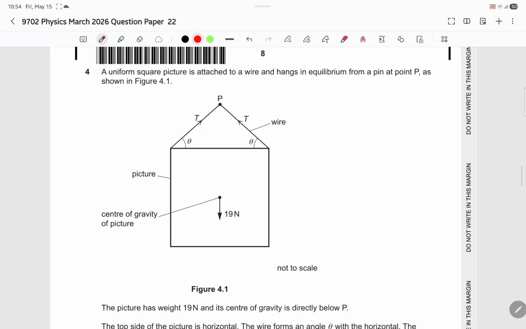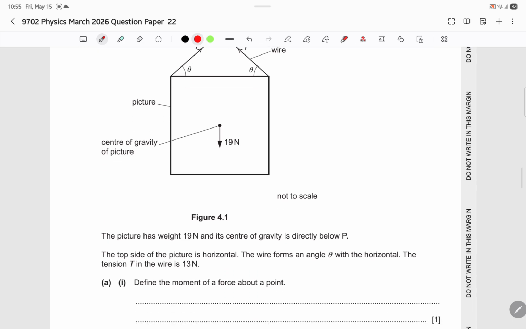Now, number 4. This one seems a bit tricky. A uniform square picture is attached to a wire and hangs in equilibrium from a pin at point P, as shown in figure 4.1. The picture has a weight 19.